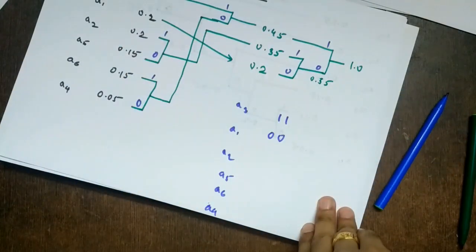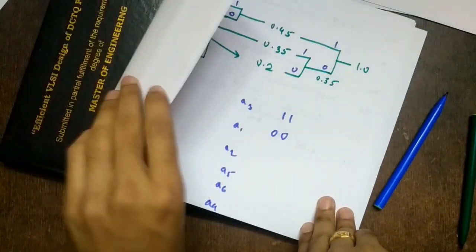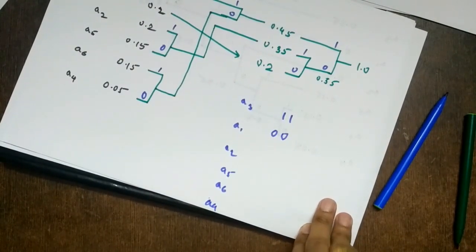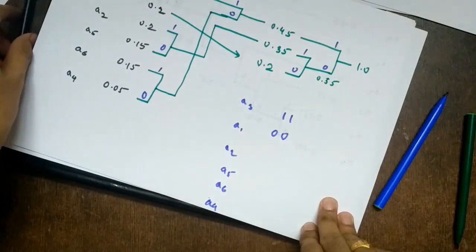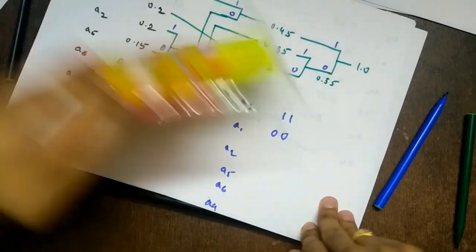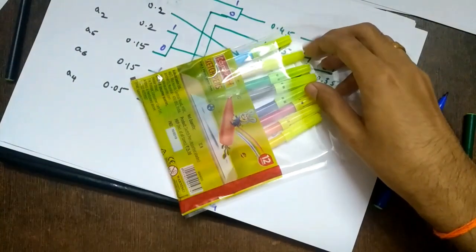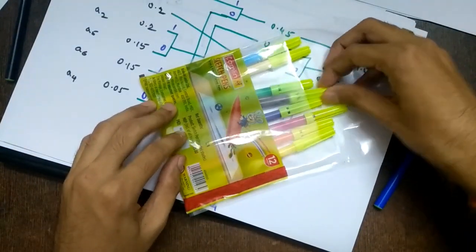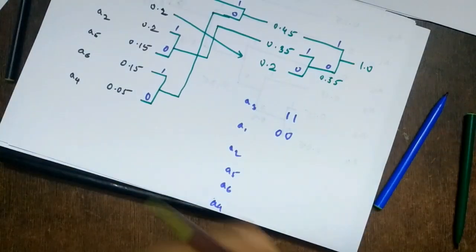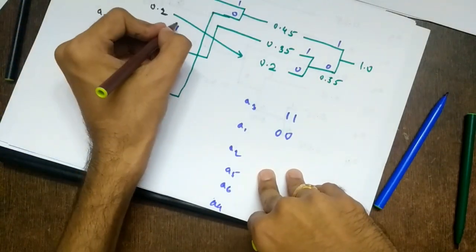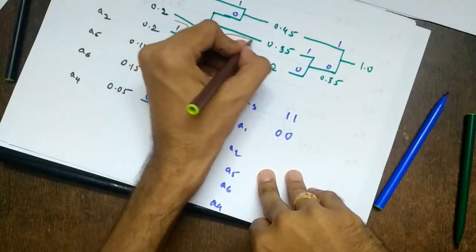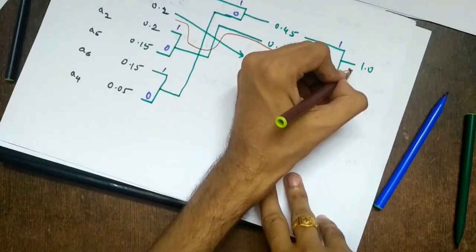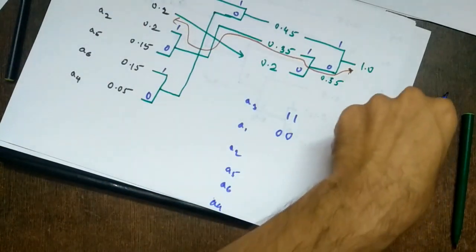Then for A2, like this we are going. I'll use a brown pen. So for A2 we have to go like this, but we have to take this direction.